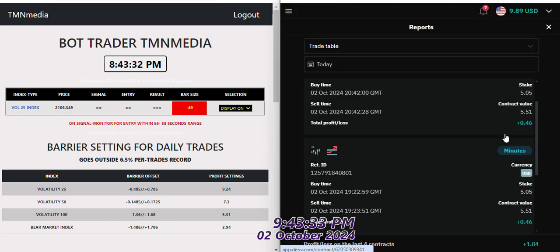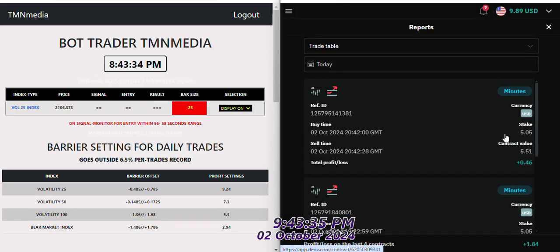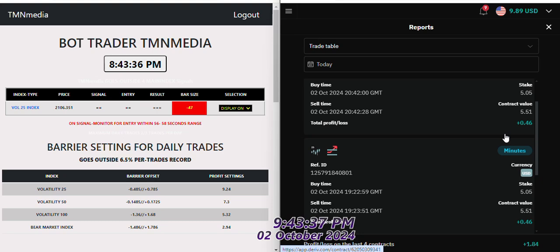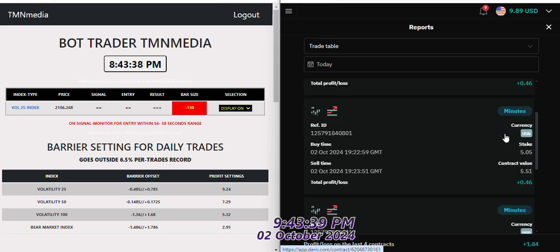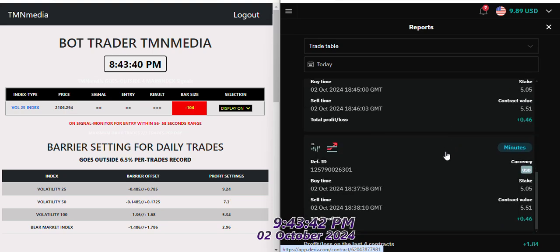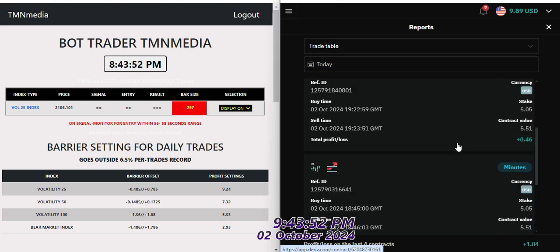Okay, today I've used $5 to make $1.84. So I've done 4 trades. So it's like using $1 to make 84 cents. But I'm still going to make one more trade because I cannot withdraw 9 something dollars.